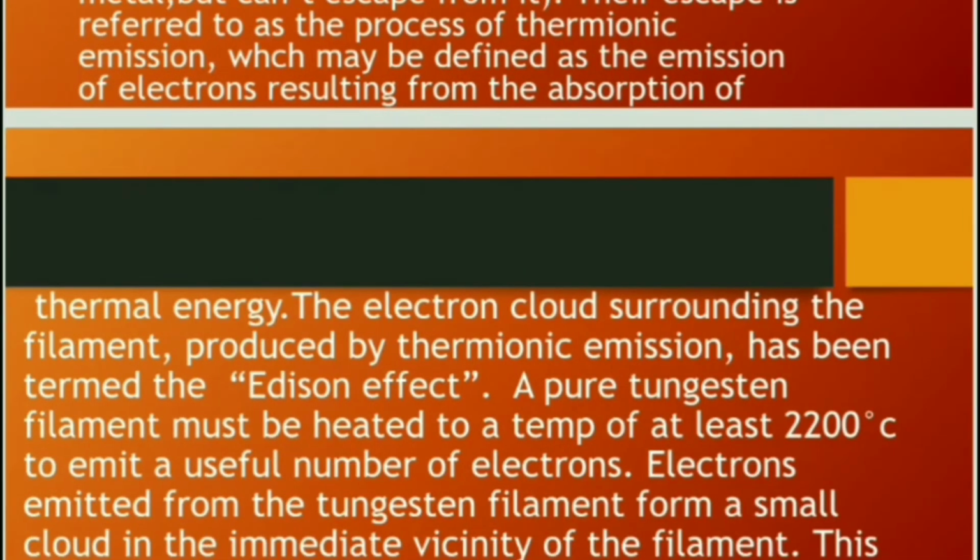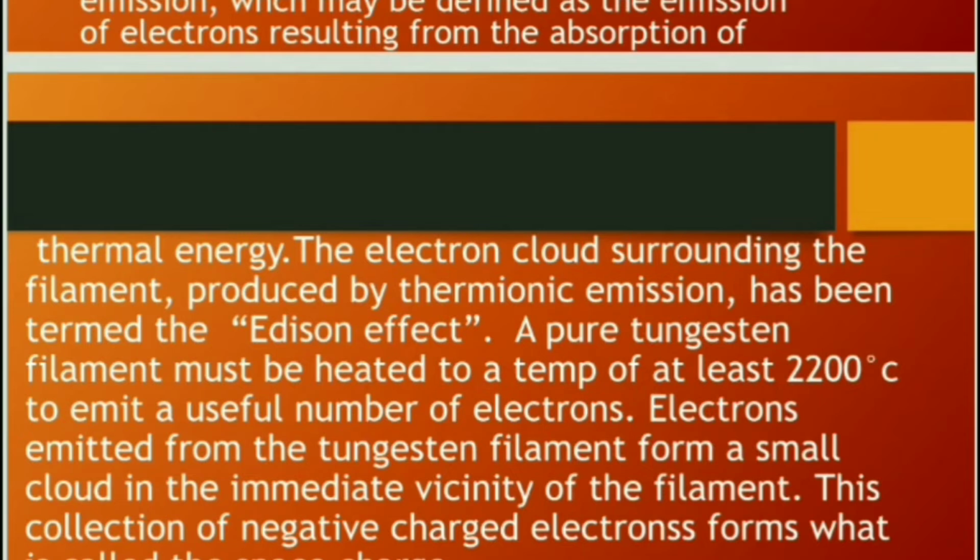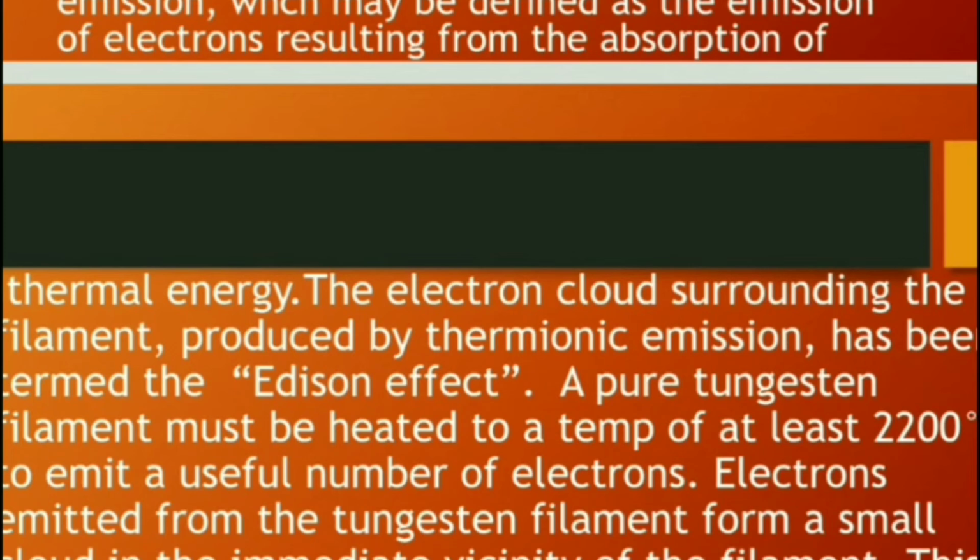Now the filament is actually made of tungsten wire. Tungsten is a metal, and the tungsten wire is about 0.2 mm in diameter. What happens when the current flows through this fine tungsten wire, a metal? It becomes heated, and we know whenever a metal is heated, its atoms absorb thermal energy.